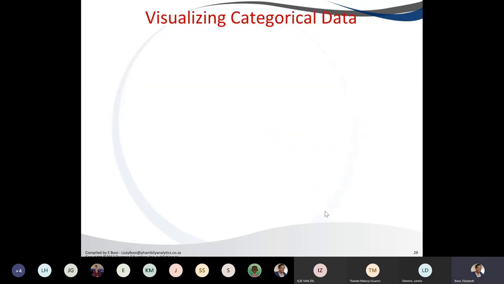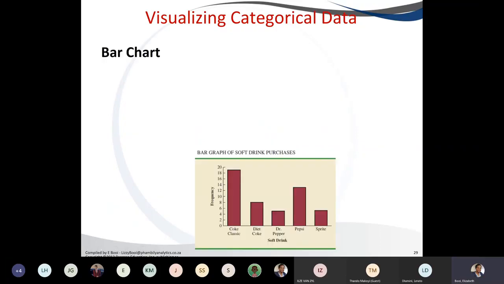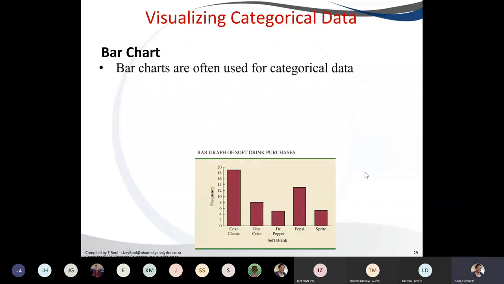Okay, the other method of visualizing categorical data is what we call a bar chart. If you look at the bottom there, we have a bar chart. A bar chart is just bars which represent your categories, and the height of the bar represents the frequency, and sometimes they use the percentage as well.